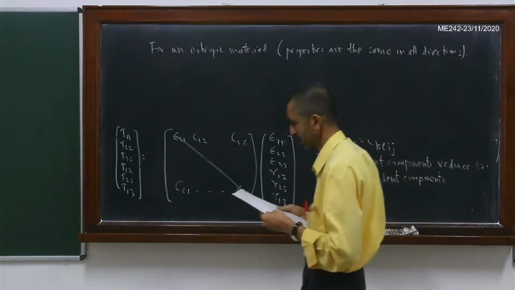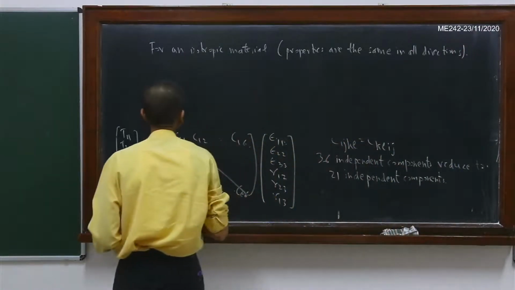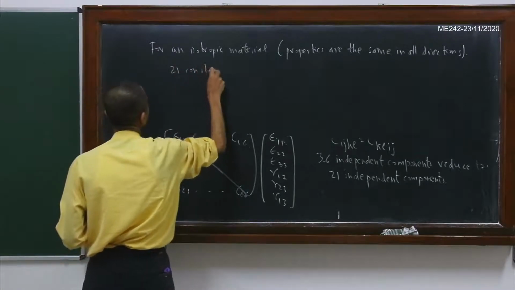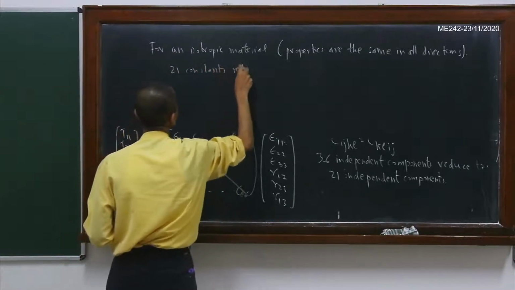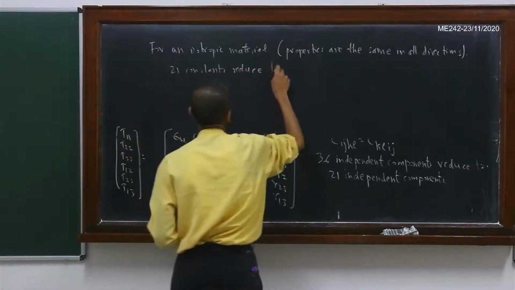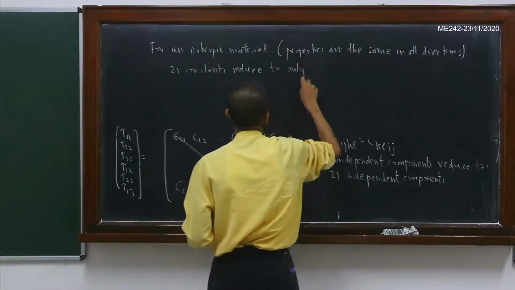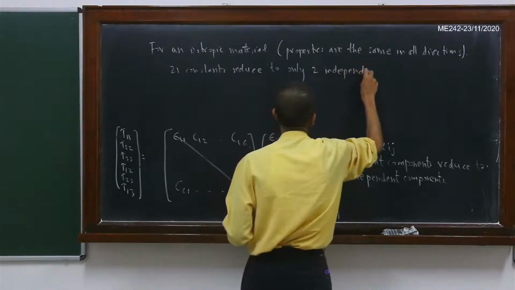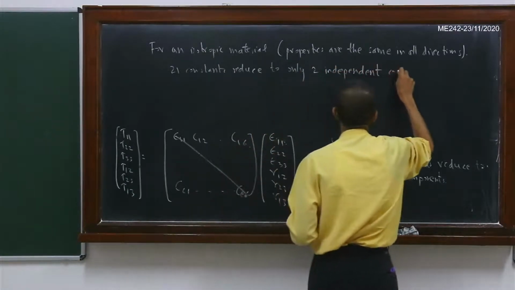In that case, the 21 constants reduce to only 2 independent constants.